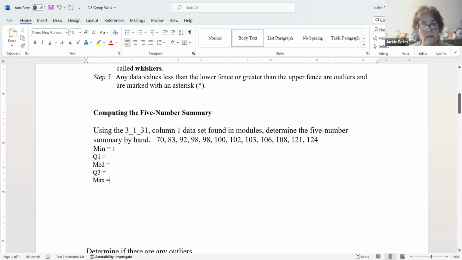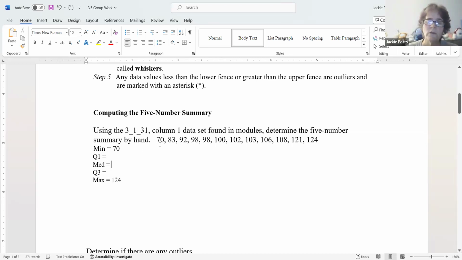Well, the min and the max is not too terrible. I see 70 and 124. And I'm going to give you a hint. Those can change. But next piece of data I'd go for is the median.